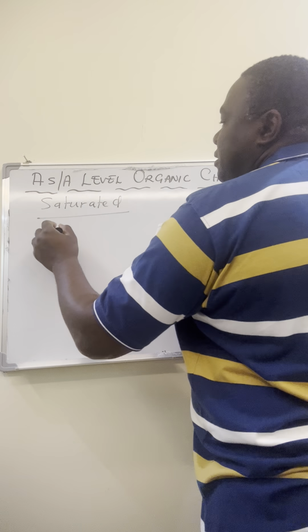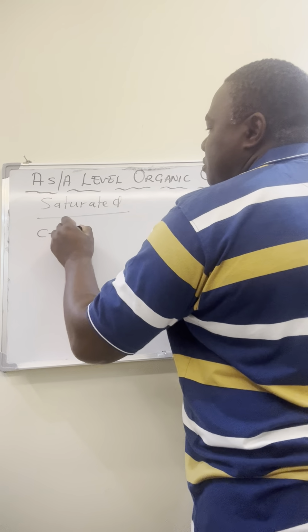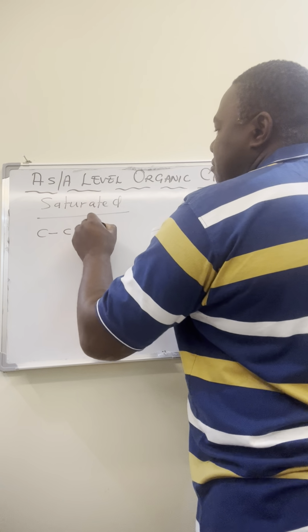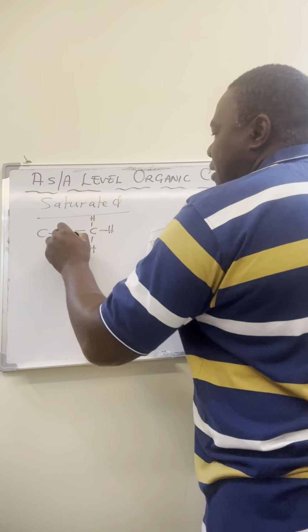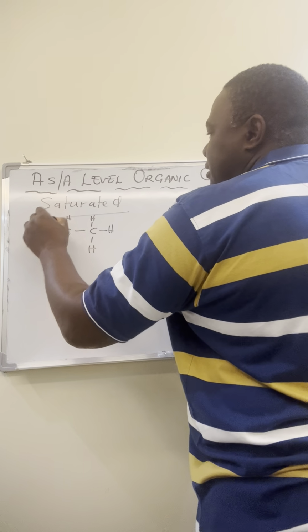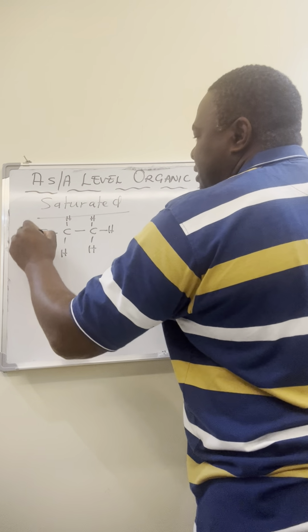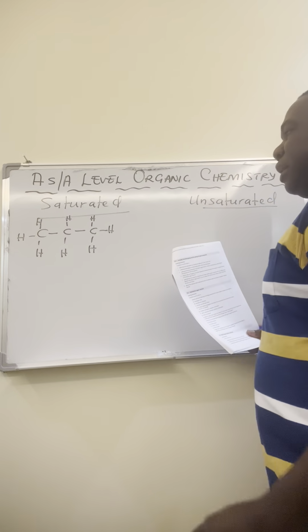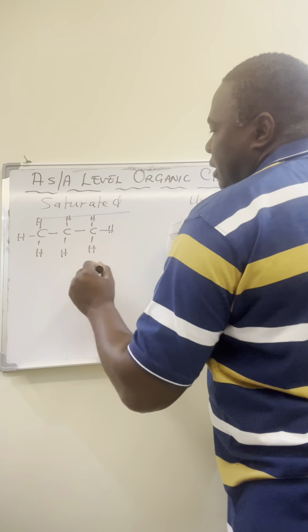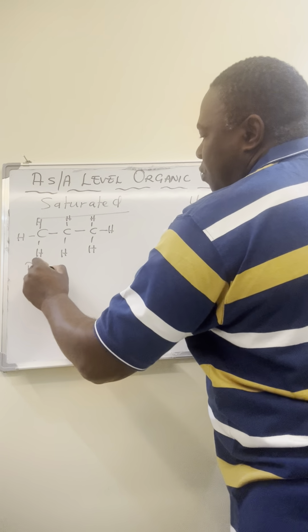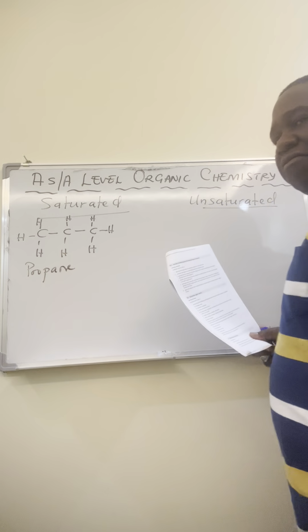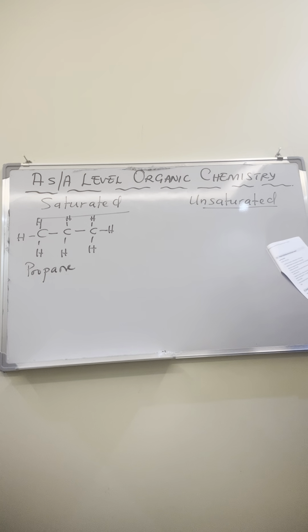When you are looking at saturated molecules, you are looking at those molecules in which carbon has the maximum bonds around it, your alkanes. These are saturated molecules. So this is 1, 2, 3. This is propane.